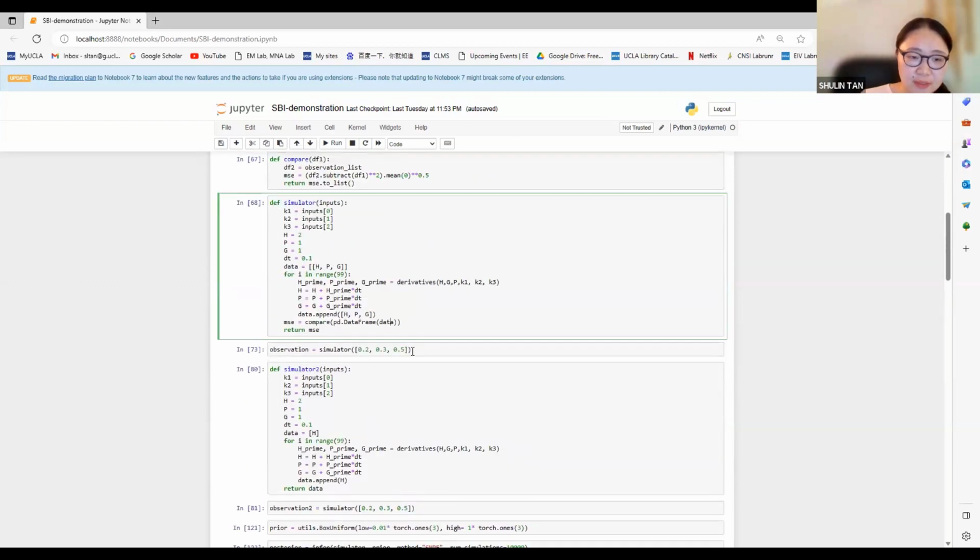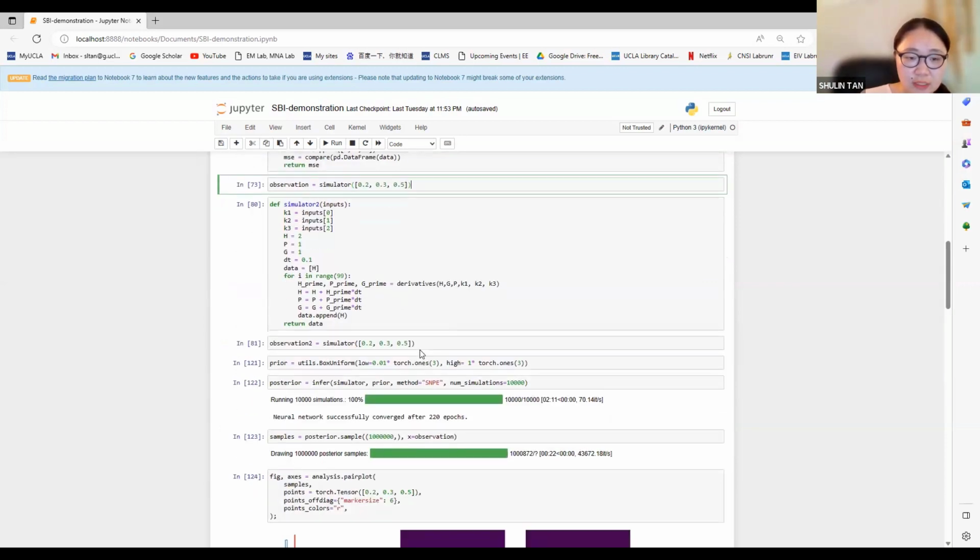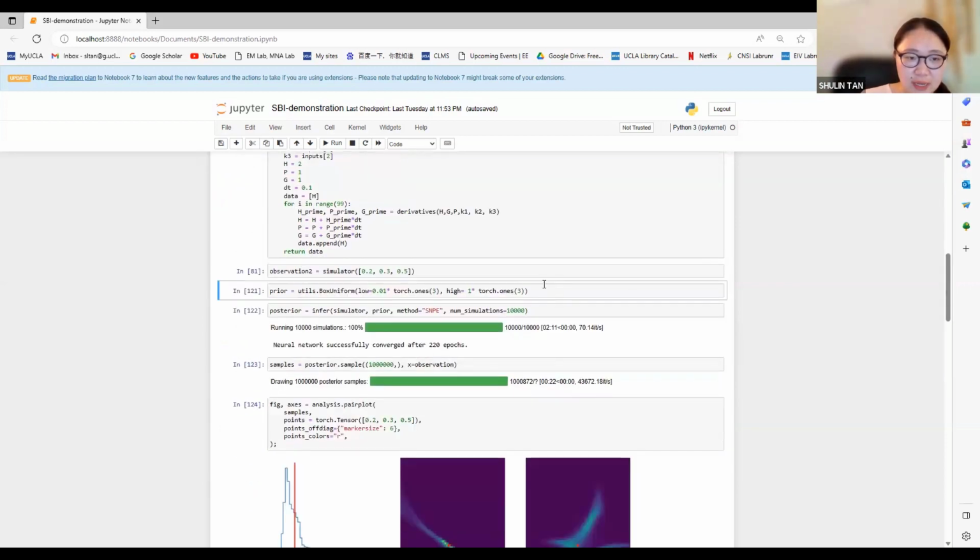Okay, so suppose that I have an observation, and the 0.2, 0.3, and 0.5 is my real data. What I need to do with SBI is first assign a prior.